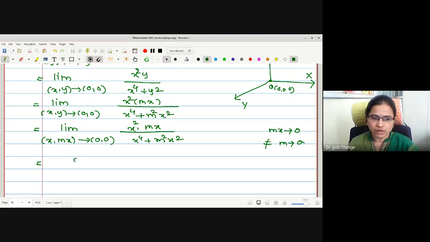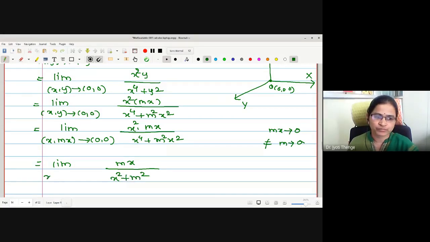What will happen? Numerator 0, denominator 0. Oh sorry, I have to make simplifications. What is the simplification? Let me take x square common and cancel. Therefore we remain with x over x square plus m square.